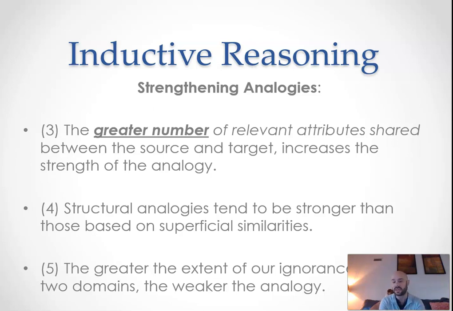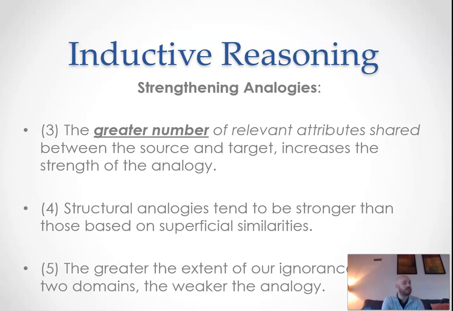Instead of only being a mammal in the case of the cow and the goat, then that's going to strengthen your argument. And make sure when you're increasing the number of attributes that you're not also increasing the number of irrelevant attributes. There are a lot of things that everything has in common that are not relevant to most topics. So make sure you're focusing on the relevant ones.